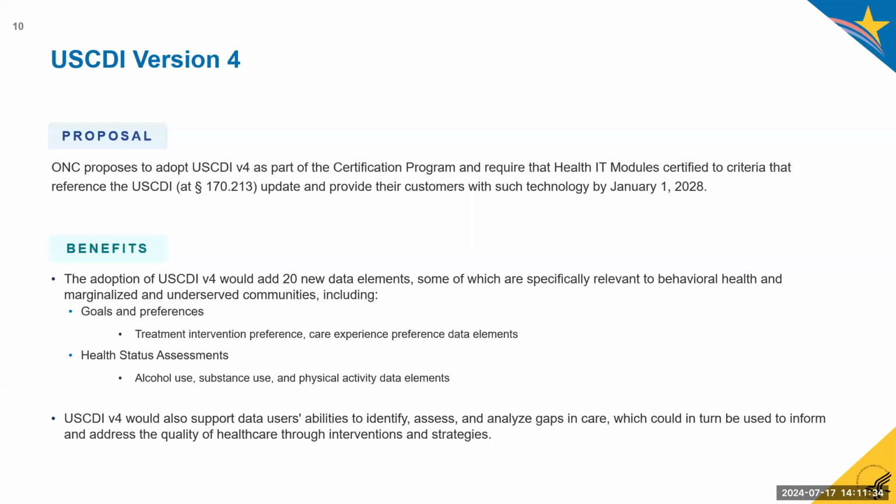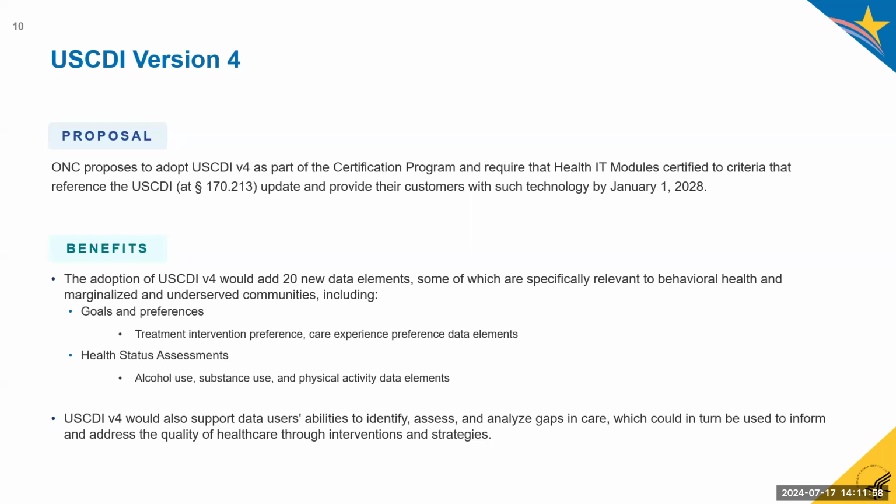We are updating the required USCDI version to version 4, or proposing to do that by January 1st of 2028. USCDI 4 adds 20 new data elements that include things like behavioral health and support for marginalized and underserved communities.